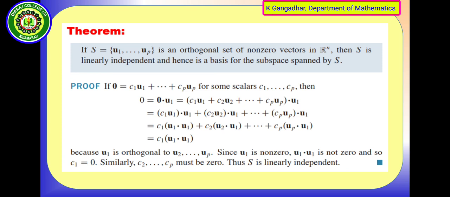What is the 0 bar value? C1 U1 plus C2 U2 plus and so on plus CP UP. So now that is C1 U1 plus C2 U2 plus and so on plus CP UP, dotted with U1.